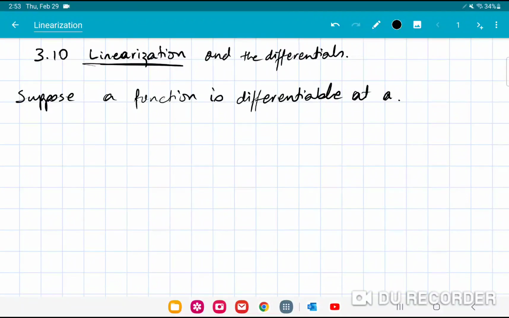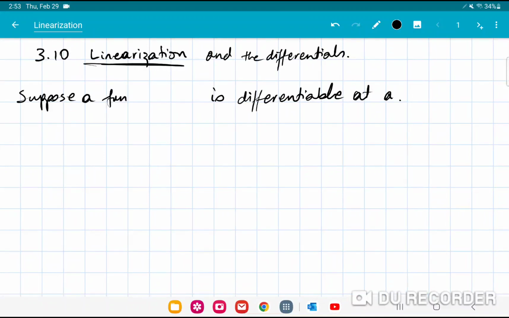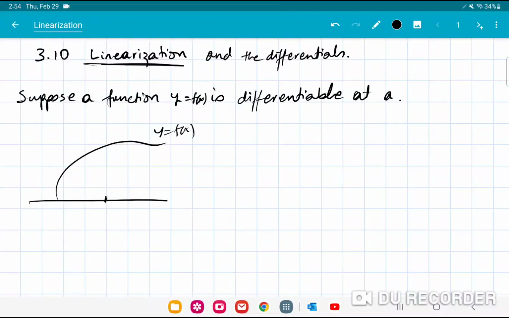Suppose a function f is differentiable at A. I'm just going to give it a name, y equals f of x. So here's a function, y equals f of x, and here's a point A, and it's differentiable at A. We can find the derivative of the function.